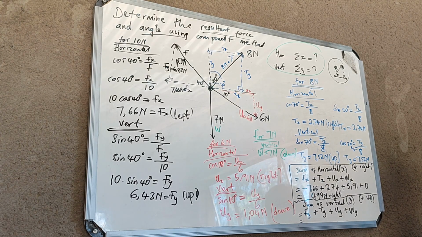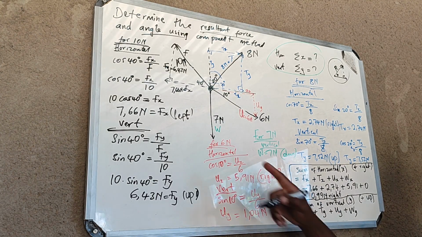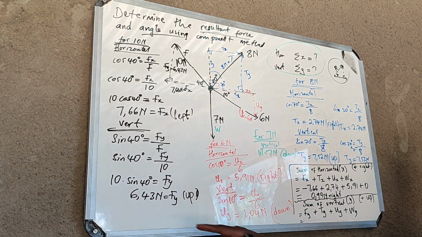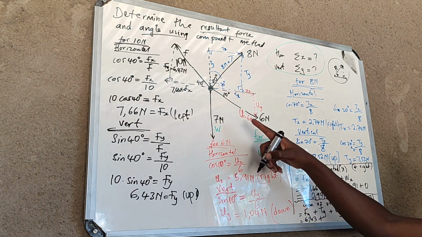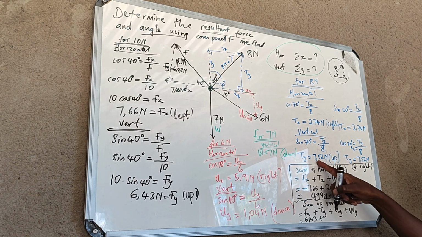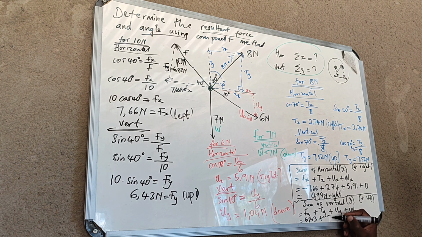So F of y is going where? Up. So it's how much? 6.43. Plus Ty is going where? And the answer is here again. So that is 7.52. Plus the Uy is here. It's going where? Down is what?